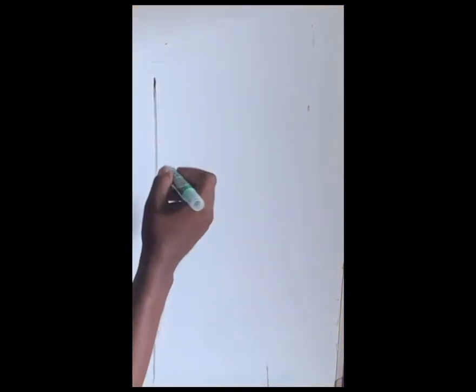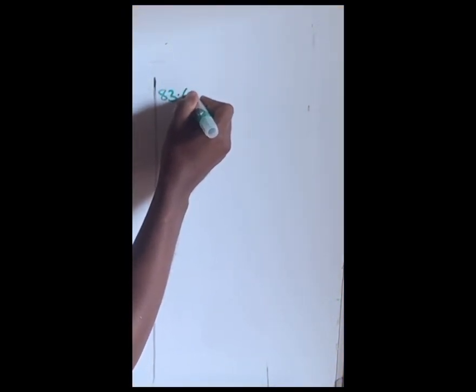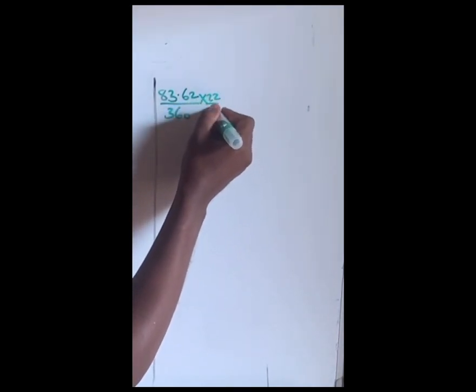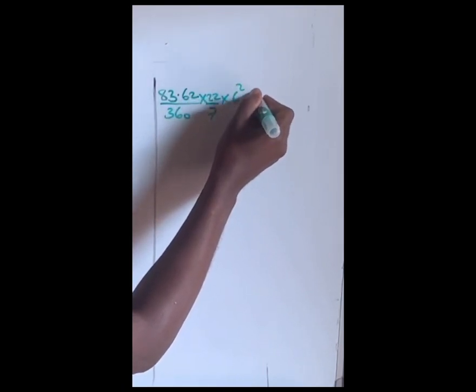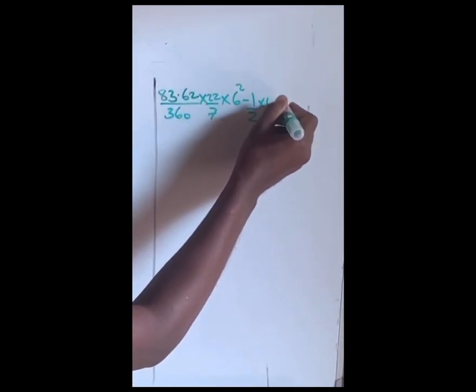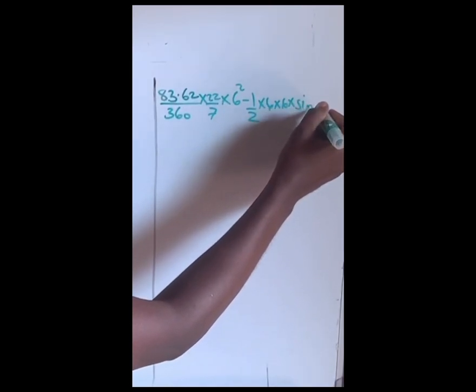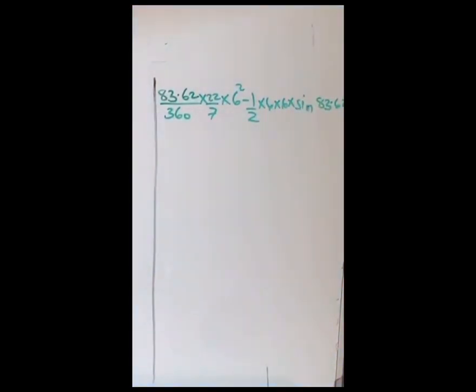So we have 83.62 divided by 360 times 22 over 7, that is pi, times the radius, 6 squared, minus a half times 6 times 6, then multiply by the sine of the angle subtended at the center, which is 83.62.